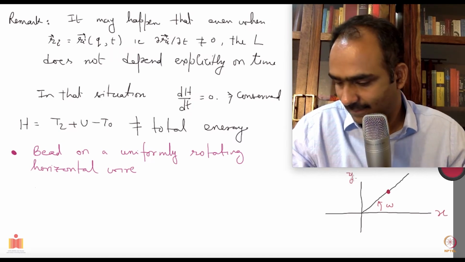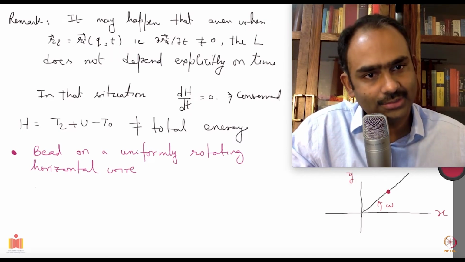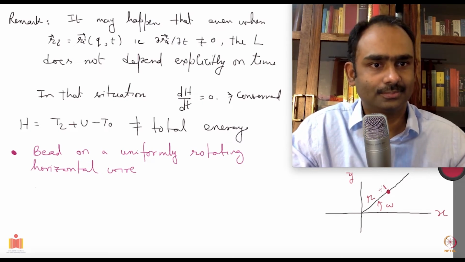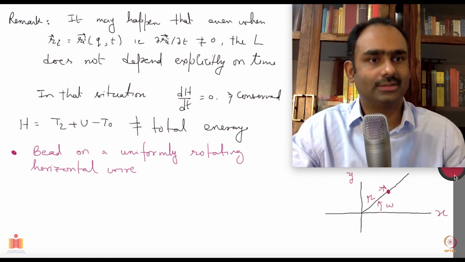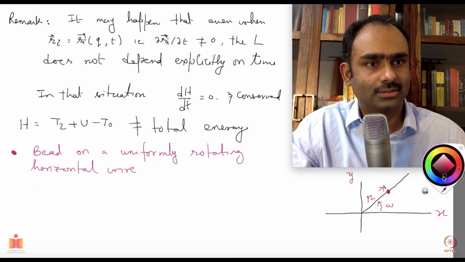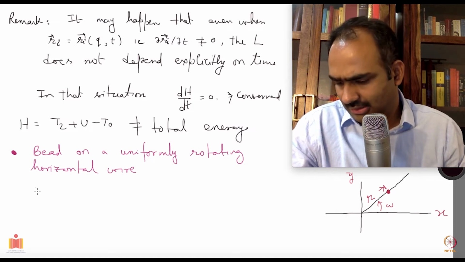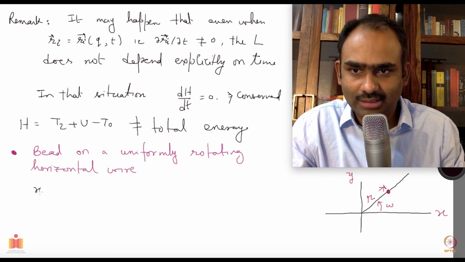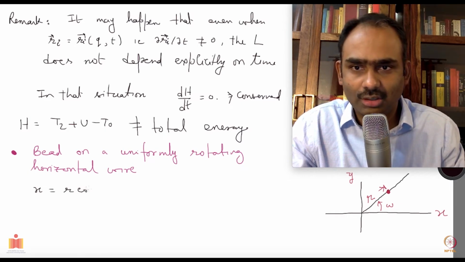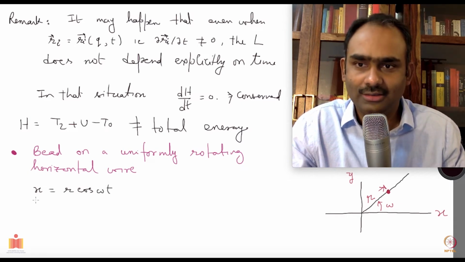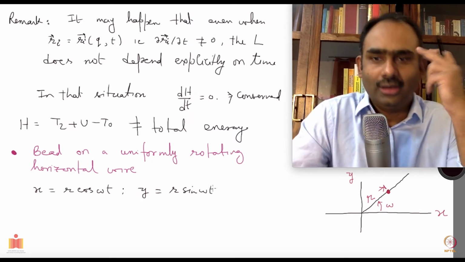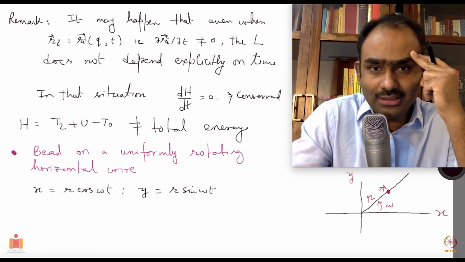That's your y-axis. Perfect. And the distance from here to there is r. Nice. Looks good. So, well, clearly I can write down x equals r cos omega t, and y is r sin omega t. Okay, so your system is clearly one-dimensional.